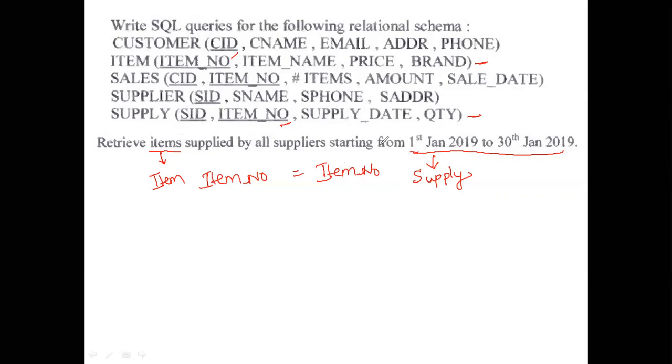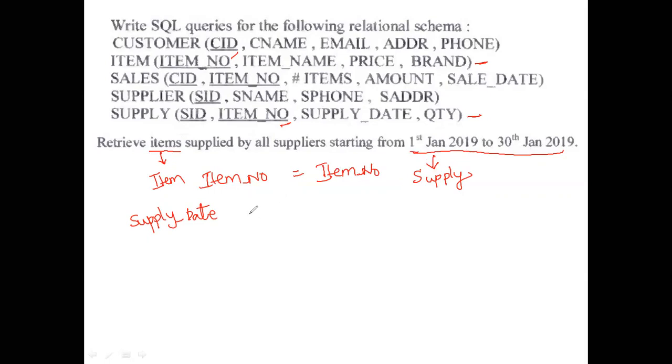And further, they have asked that the supply should have happened between these two particular dates. So the additional condition we can put is supply date. Since two dates are given, we can use the between operator.